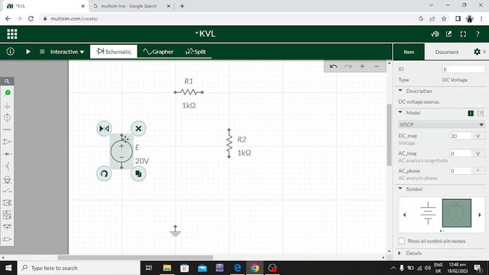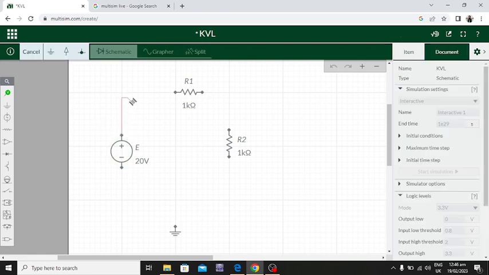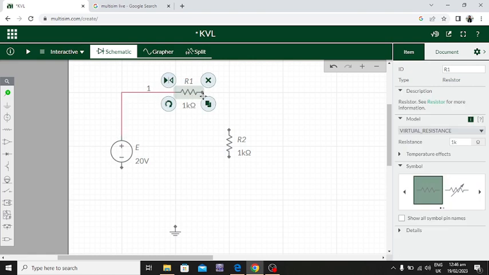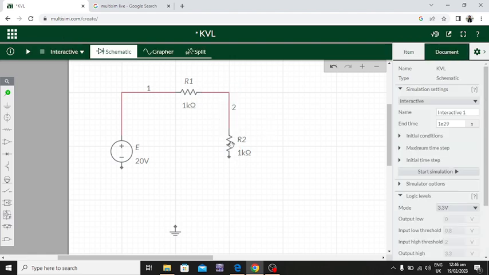Now drag the mouse over here and connect the circuit. Connect the components with each other.